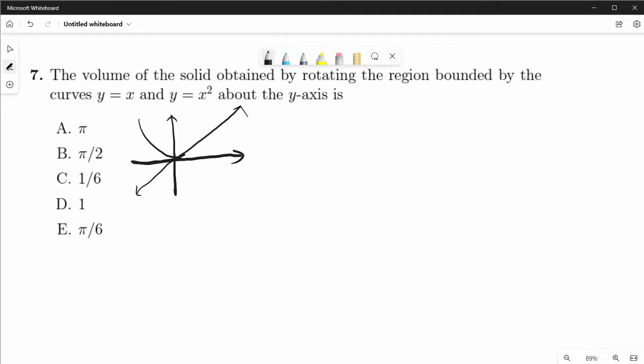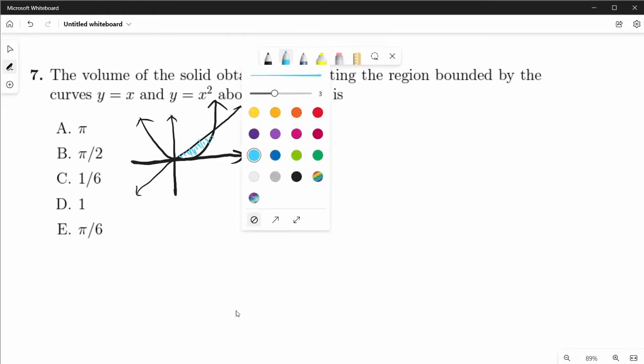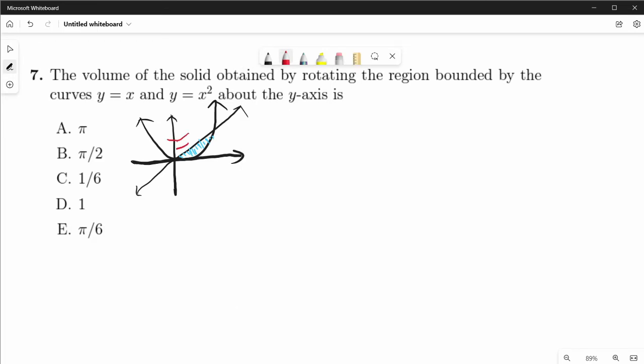So just a regular parabola, probably to make that better. Something like this, where this area is revolved this way, right? So we have something like this area over here.